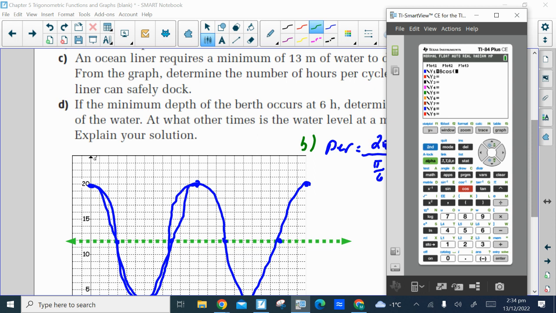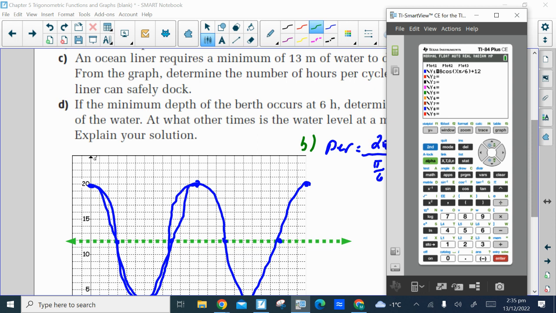So we can go x times pi over 6, or pi times x over 6. It doesn't matter. And then you have the plus 12 on the end. So that equation is in there.